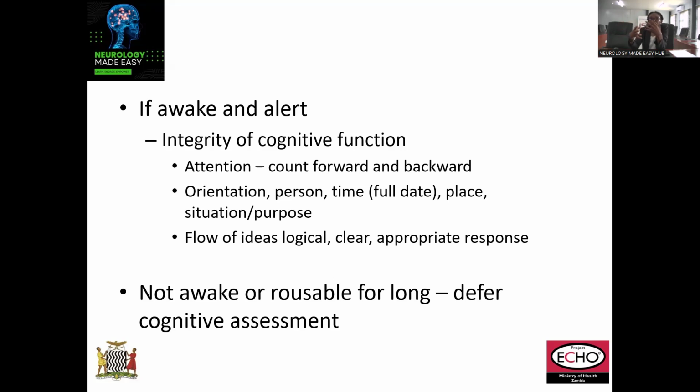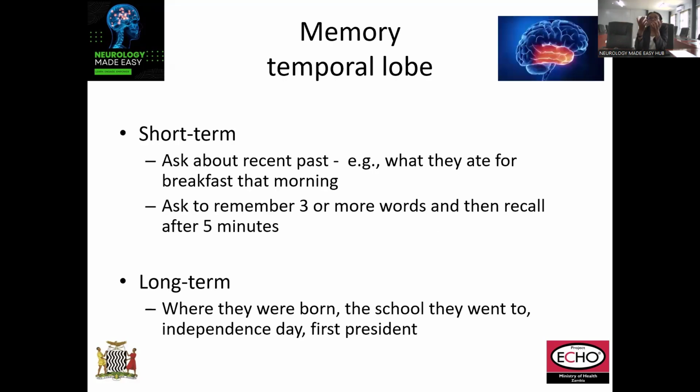Then as you are conversing with them, if they are fully awake and fully alert, are they logical? Are they clear? Do they have appropriate responses? You can also assess for someone who is fully awake, okay? If they're not fully awake and they're inattentive, you cannot go on to assess their memory or other cognitive areas, okay?